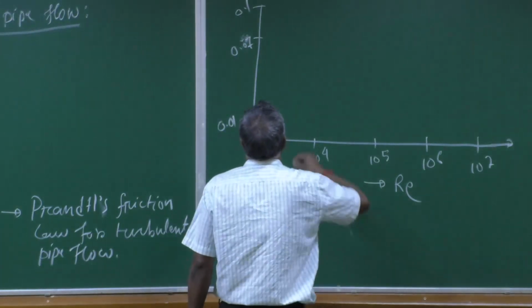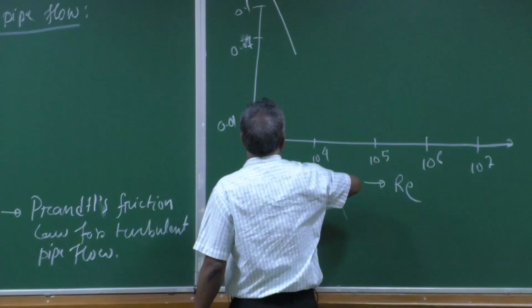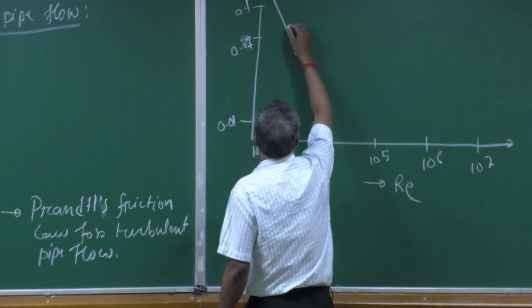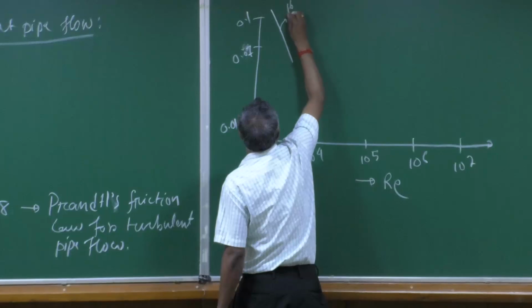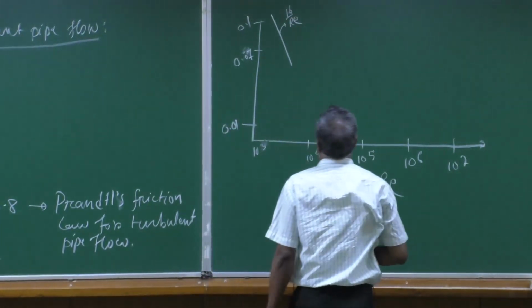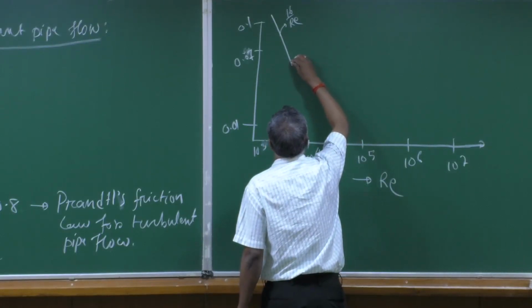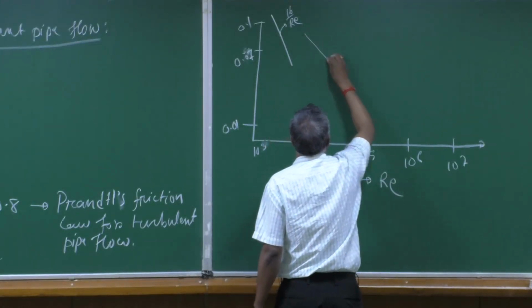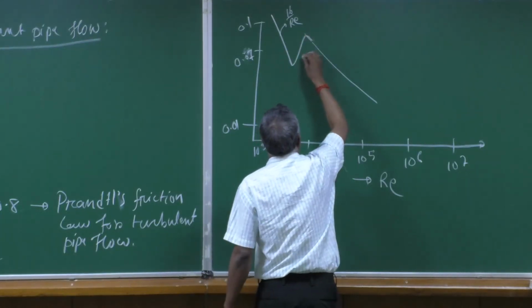So, now if you consider the laminar regime, your plot for the laminar case is 16 by Re. Okay. So, for the case of laminar, the profile will look like this, and the moment it is turbulent, the profile will be something like this, and this is your transitional regime.